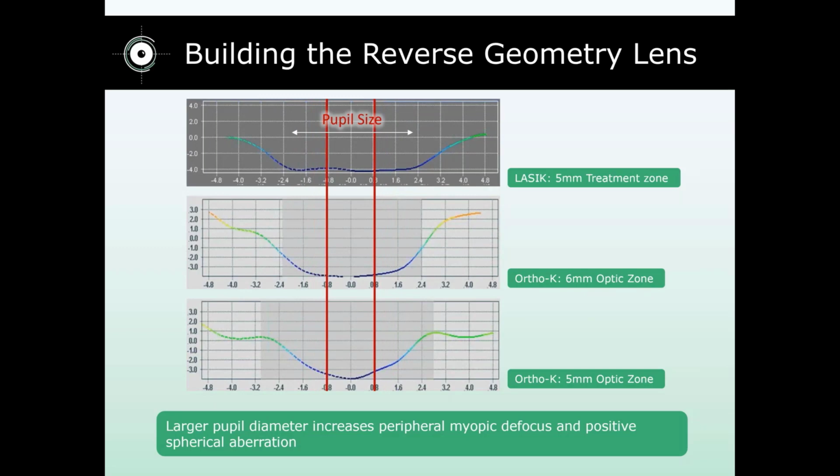We can really, depending on the patient's pupil size, if it's very small, focus on a much smaller optic zone to squeeze in all those optics inside the pupil. So you can also say that in a LASIK patient the myopic defocus is almost zero.